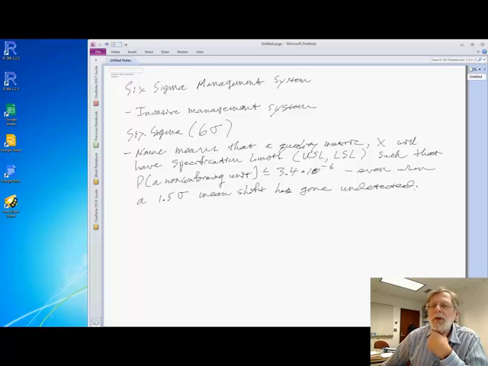The only way you're going to do that is to arrange to have the mean and the variance such that the probability, assuming a normal distribution, of making a non-conforming unit is around 3.4 times 10 to the negative 6. Or if you make 1,000,000 units, 3.4 of them are going to be bad, non-conforming.